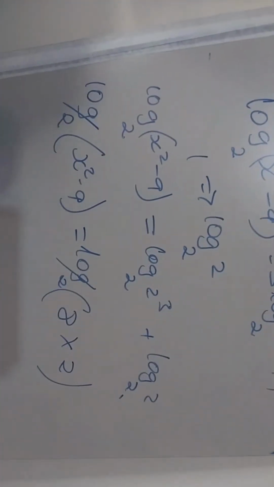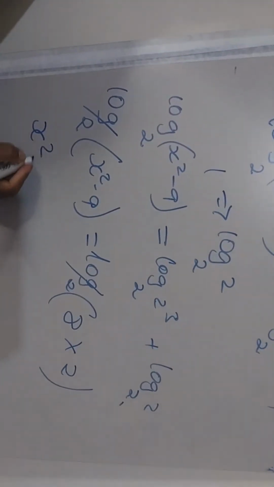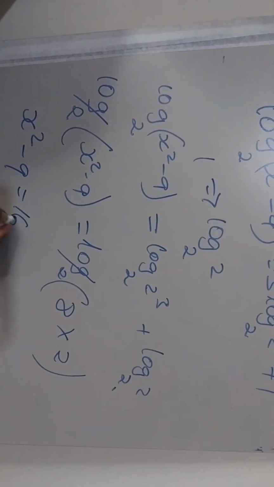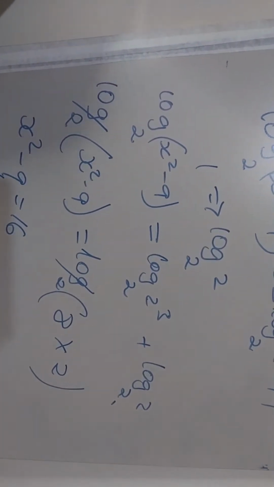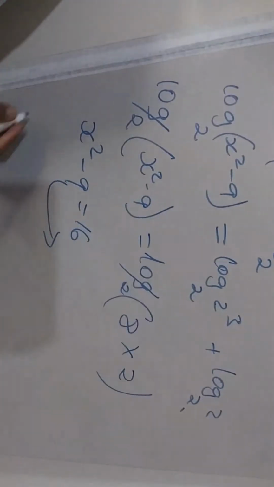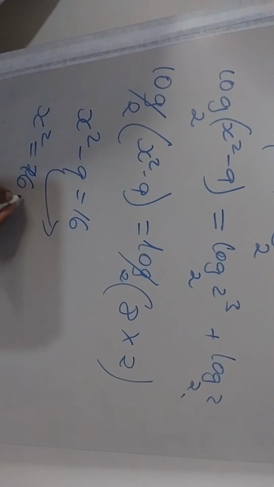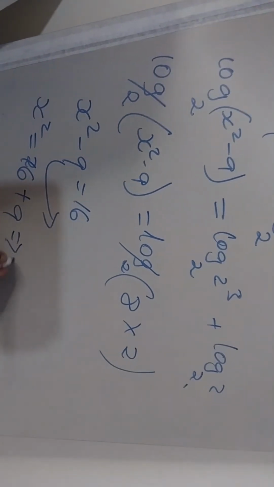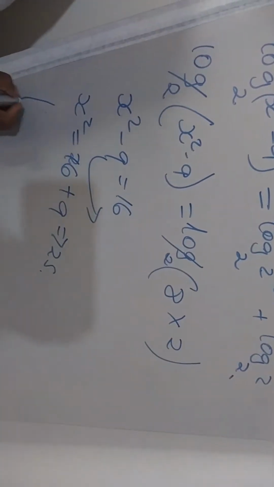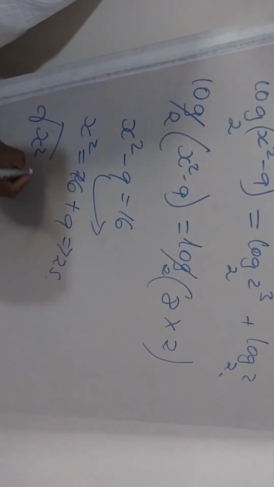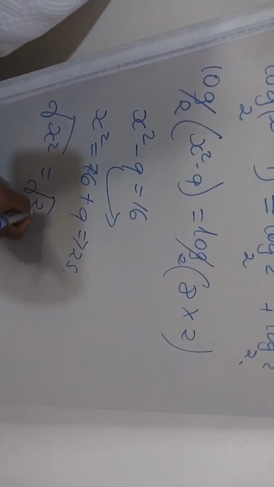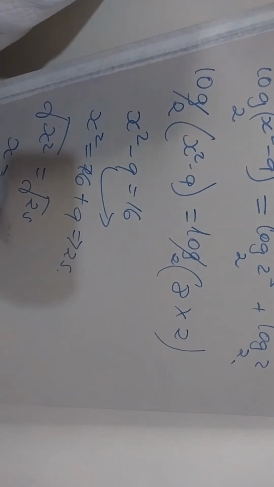We cancel log 2 base 2, and it simply remains x squared minus 9 is equal to 16. We pick this to the other side, the minus 9 will change to plus. So x squared becomes 16 plus 9, which is 25. To get x, we do the square root of x squared and the square root of 25. So our x will simply be plus or minus 5.